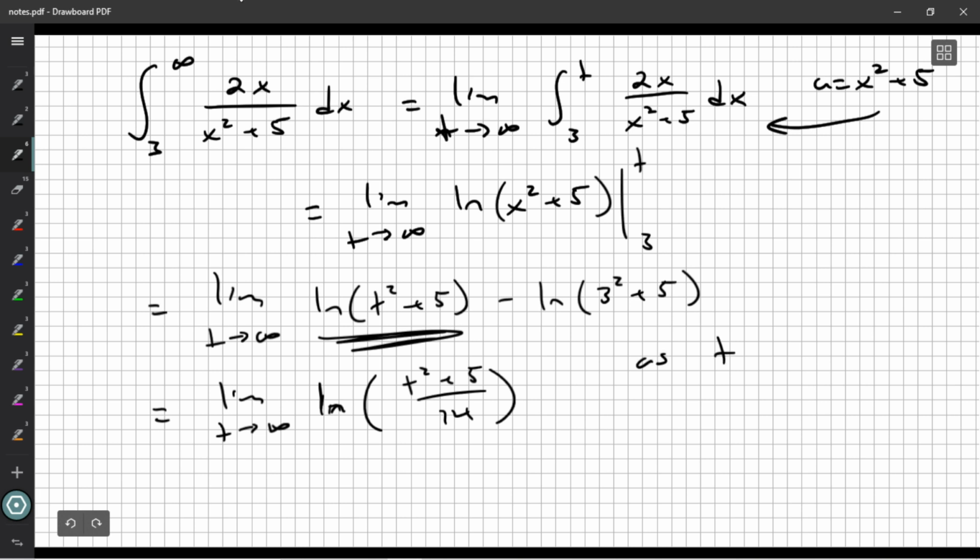Now, as t gets bigger, t squared gets bigger, t squared plus 5 over 14 will get bigger, and so ln of all this will also get bigger. It'll tend to infinity. Okay? As your input gets bigger, ln gets bigger. It gets bigger slower than its input, but it does get bigger. So this limit here does not exist.